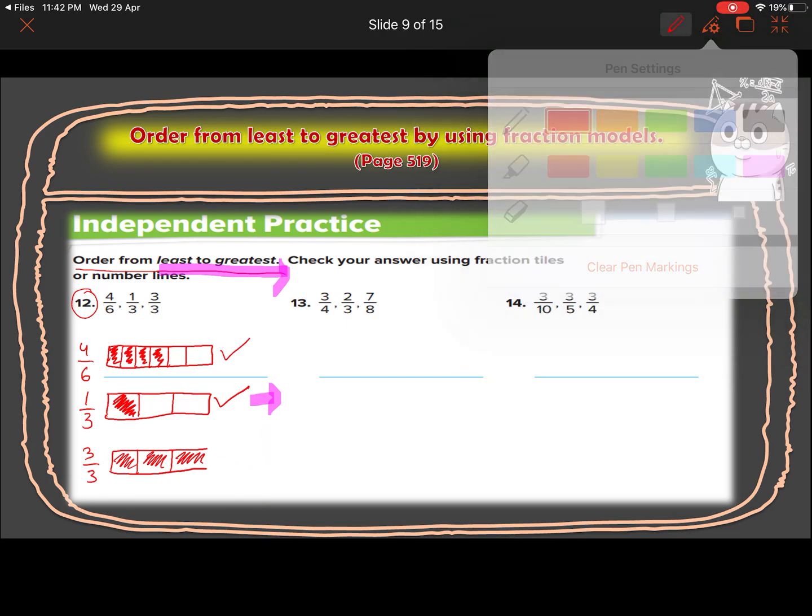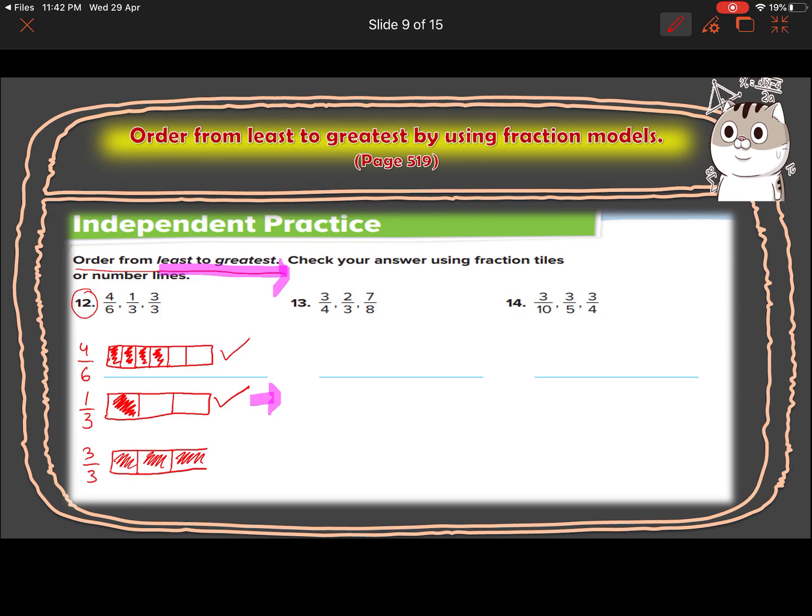Sorry, I will use the pen. 1/3 is the smallest one. After that 4/6, and after that 3/3 is the biggest one. So this is from least to greatest. Now do question 13 and 14 by yourself by drawing the fraction bars.